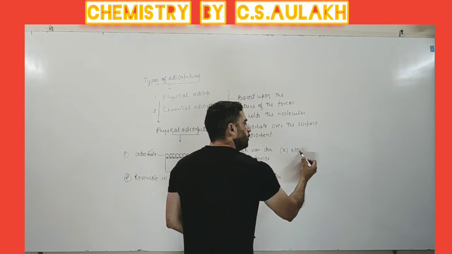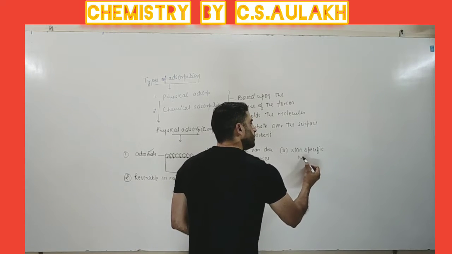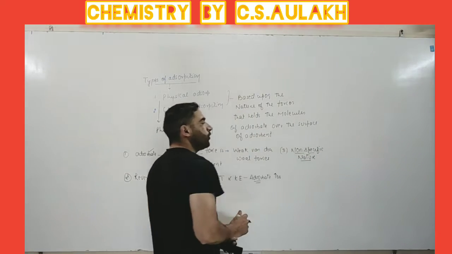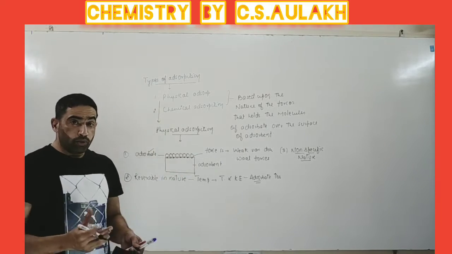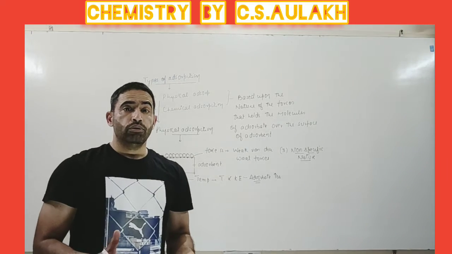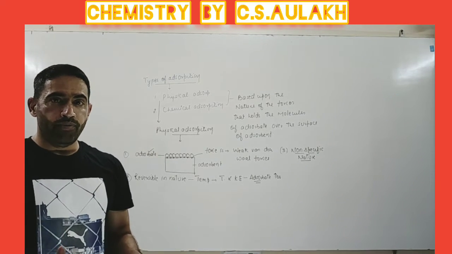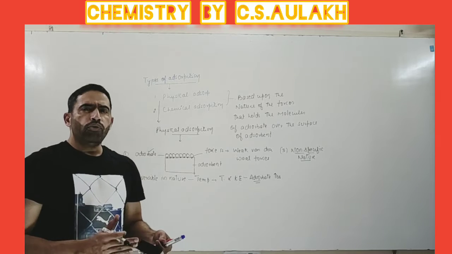Then the third point: it is non-specific in nature. As there is not any particular type of reaction between the adsorbate and adsorbent molecules, we say physical adsorption is non-specific.